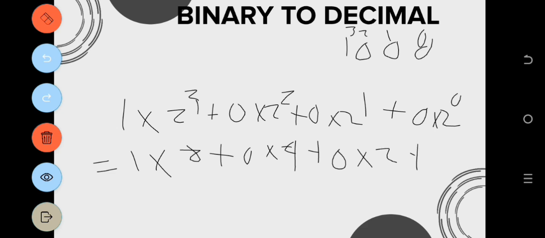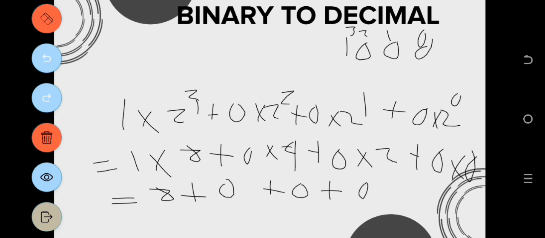Plus 0 raised to the power of 0 is 0. 1 times 8 is 8. Plus 0 times anything is 0, so let's just shortcut that. 8 plus 0 plus 0 plus 0 is equal to 8, and that's the answer.